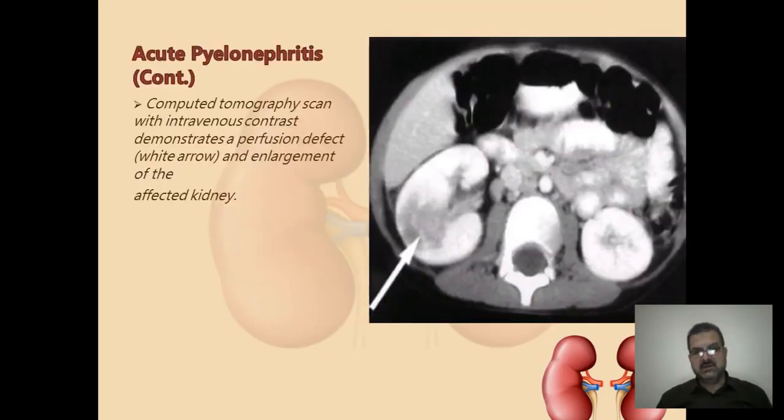As you can see here, there is a perfusion defect because, as we said, of vasoconstriction of peripheral arterioles. And the kidney, as you can see, is swollen compared to the left kidney.